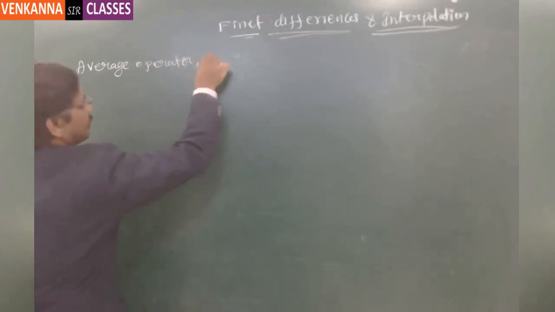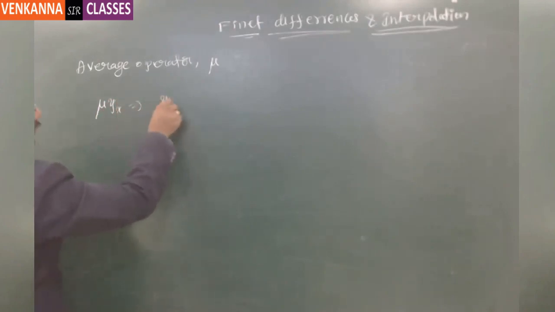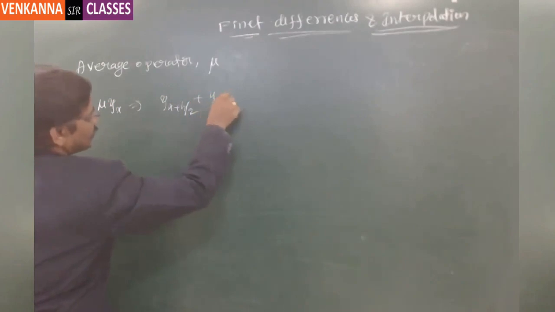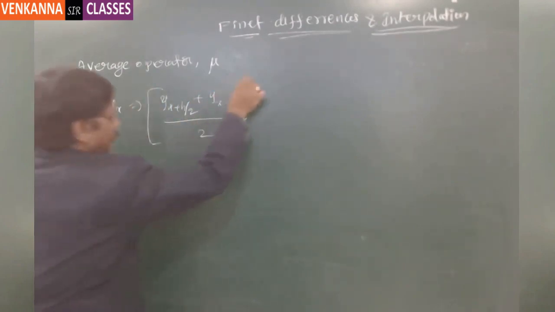And this is represented with a letter called mu, and if it is operated on any particular function, so mu of yx is treated as yx plus h by 2 plus yx minus h by 2, whole divided by 2. So this is the operator.